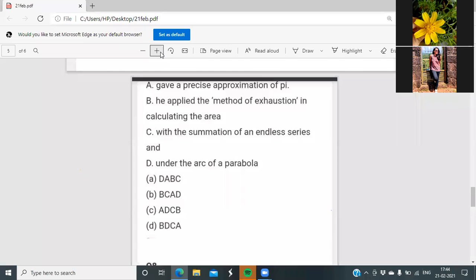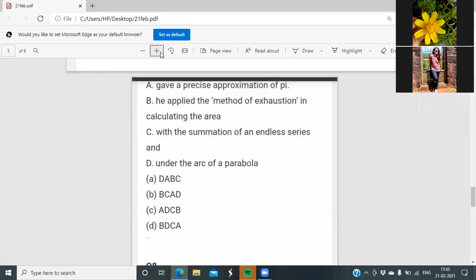Again, the correct answer is option D. It is BDCA. Why? I'll tell you. See, he applied the method of exhaustion in calculating the area. Then, under the arc of a parabola, with the summation of an endless series, and gave a precise approximation of a pi. I see many of you have answered.